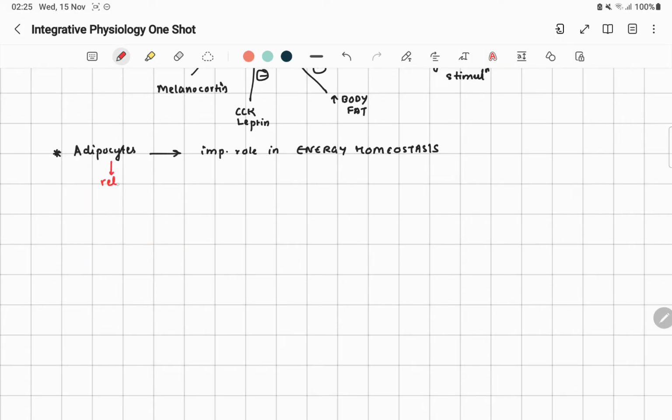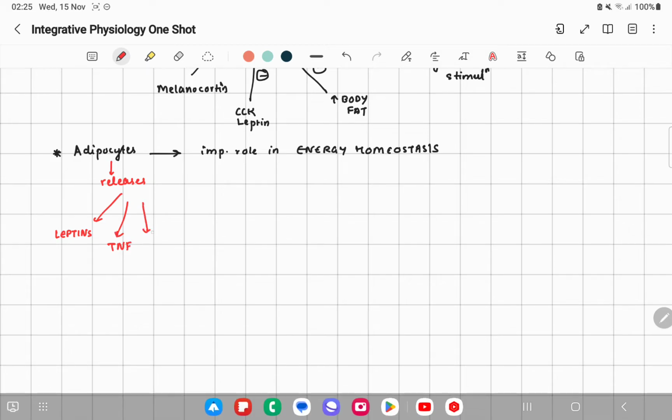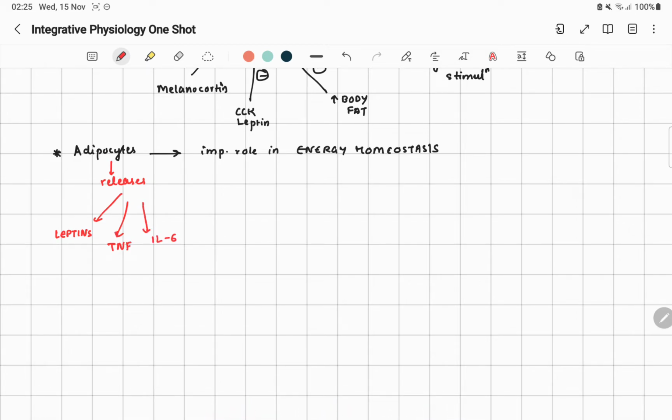Because it releases various factors like tumor necrosis factor and IL-6, and these help in your energy homeostasis.